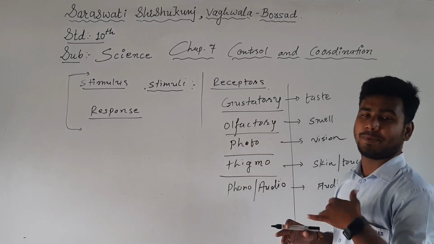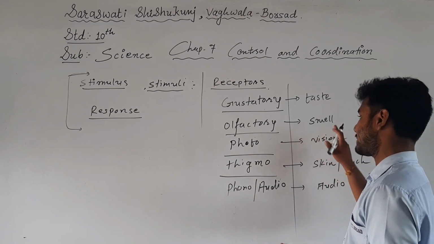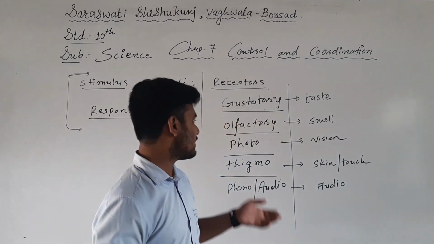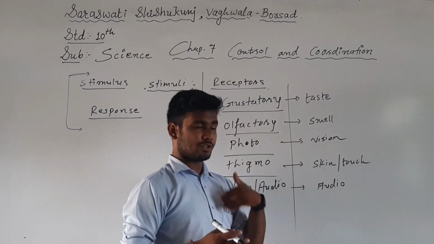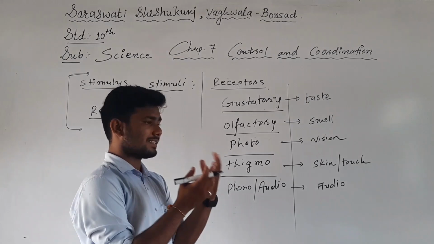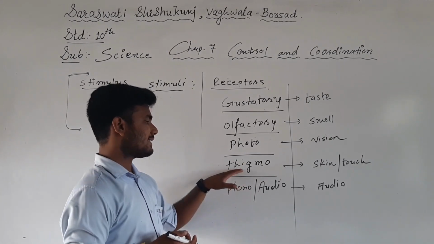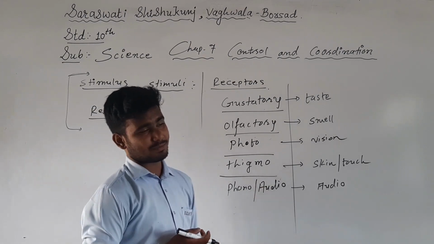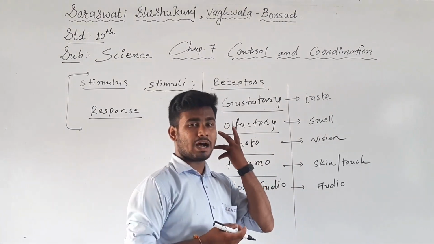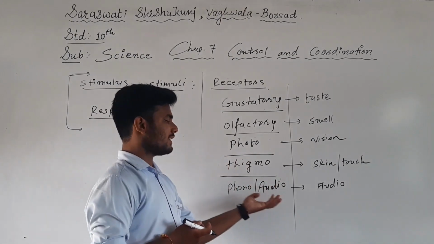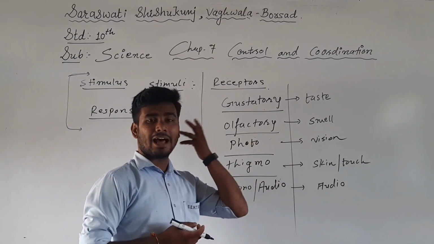Olfactory receptors in the epidermis of the nose are responsible for smell. Photoreceptors are related to vision, to see. Thigmoreceptors are related to skin, the feeling of touch. And phonoreceptors, or audio receptors, are related to audio signals and responsible for our hearing.